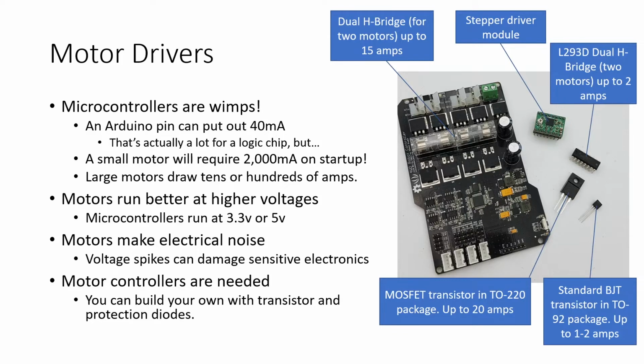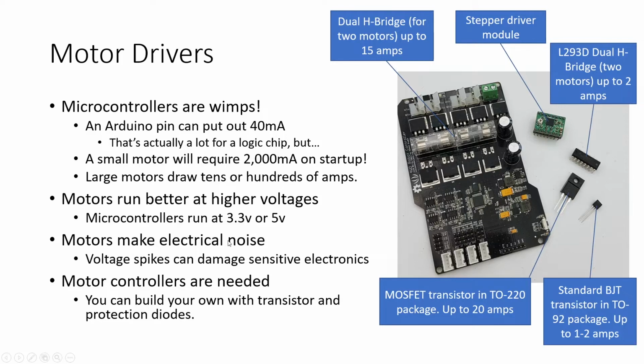And although there are motors out there that will work at 3.3 volts and 5 volts, they really start to come into their own once you start getting up above 6 volts, 12 volts. And if you're looking for more powerful applications, 24 volts. And if you're getting into vehicle drive systems, well, talk to Elon Musk and he'll tell you about the current and power that some of his vehicles draw.